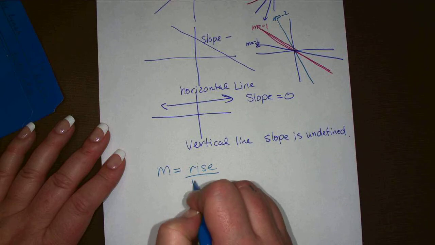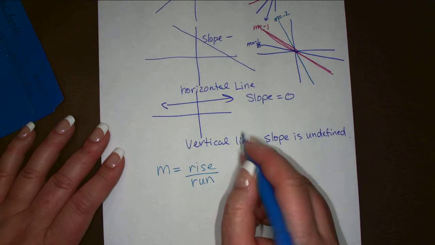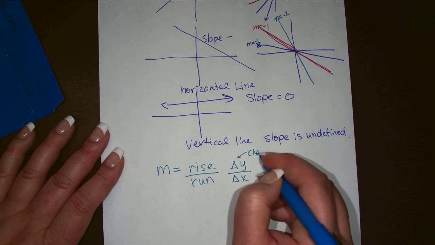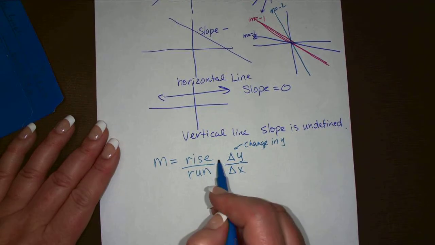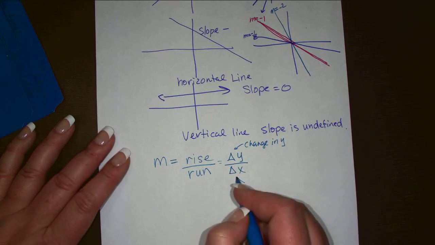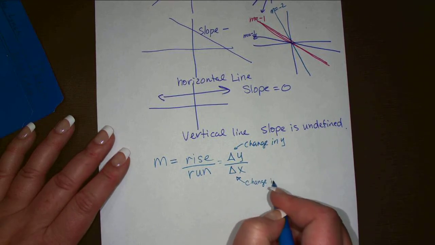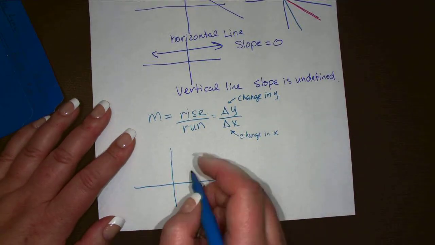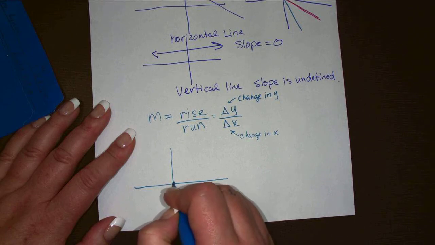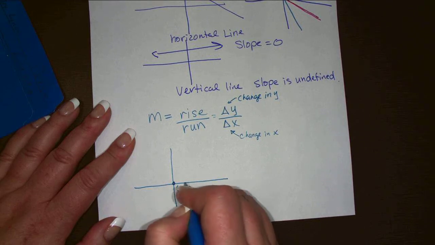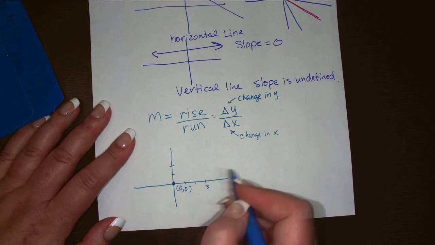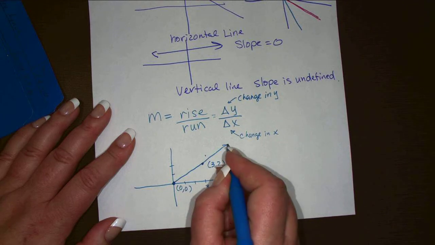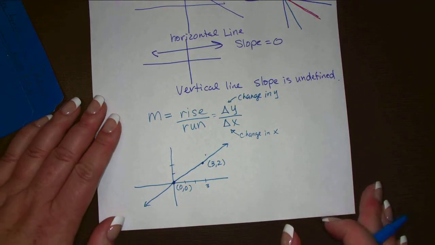The rise is up and down, that's the change in y. And the run is the change in x.